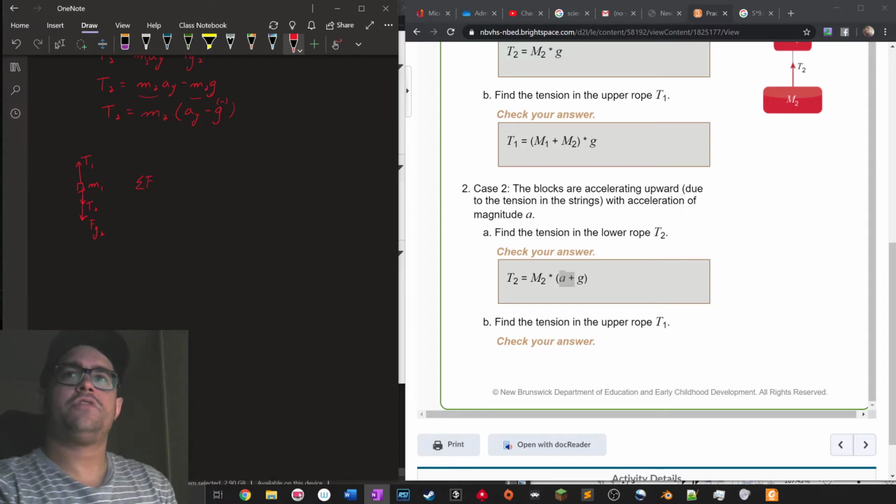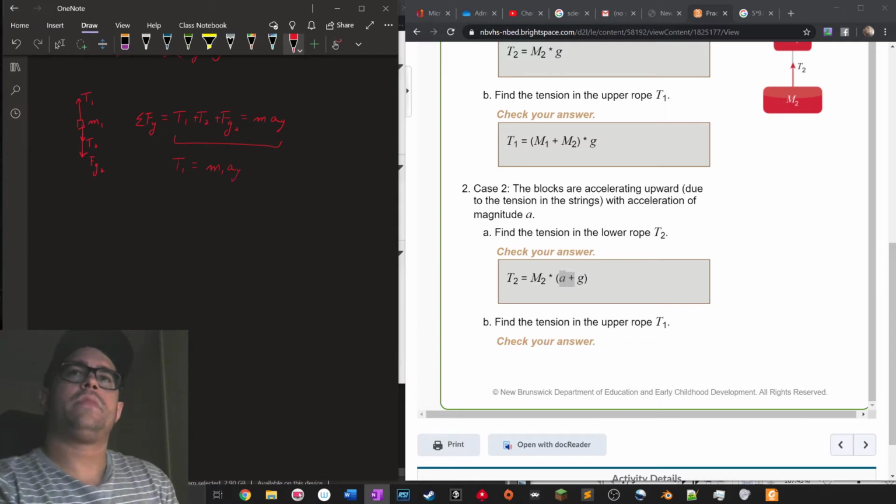So the sum of the forces in Y, which is F net, is equal to T1 plus T2 plus FG2. And it is accelerating, so it's equal to MAY. This is the statement which will take T1 is equal to MAY, so M1AY, or just A, because there's no AX here, there's just an AY, right?